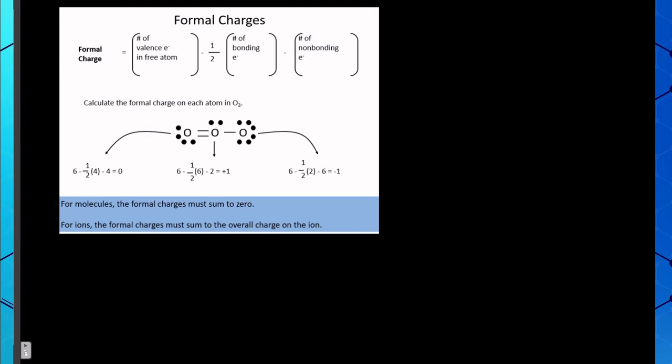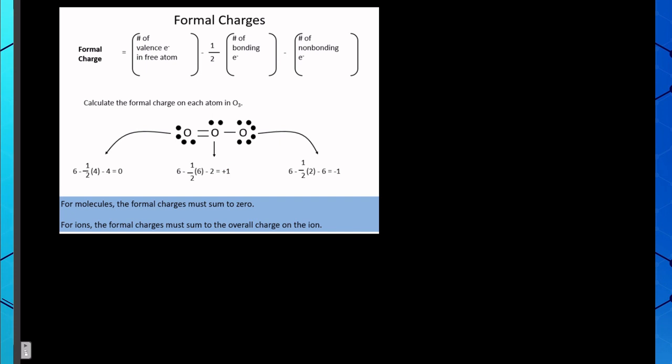Likewise, the one in the center is calculated in the same fashion. We have 6 valence electrons for the free atom right here, the valence electrons in the free atom, minus 1/2 times 6. In this case, there are 6 electrons bonded to something else in the 3 bonds that are surrounding this oxygen atom, and it has 1 lone electron pair, so the formal charge for this oxygen atom is plus 1.